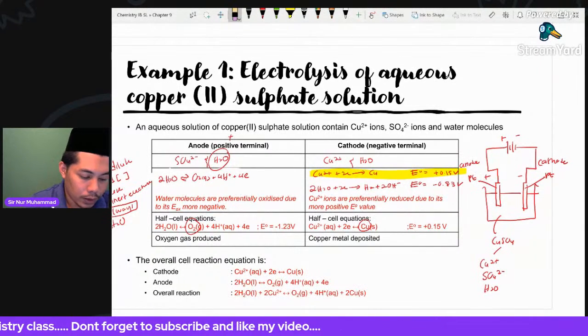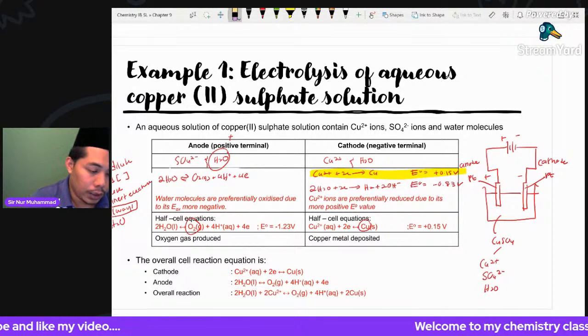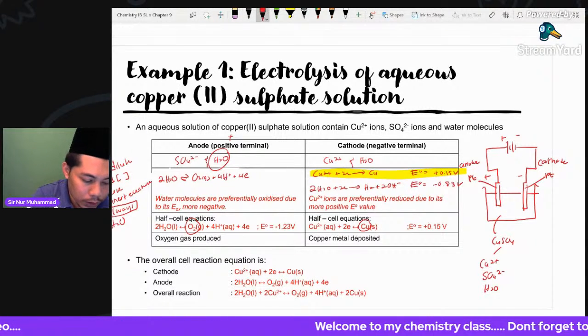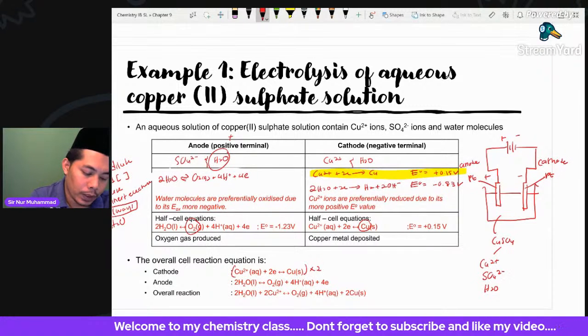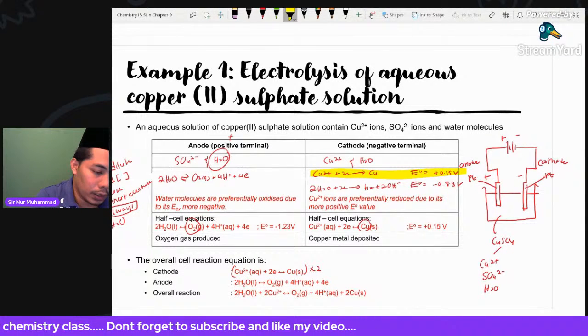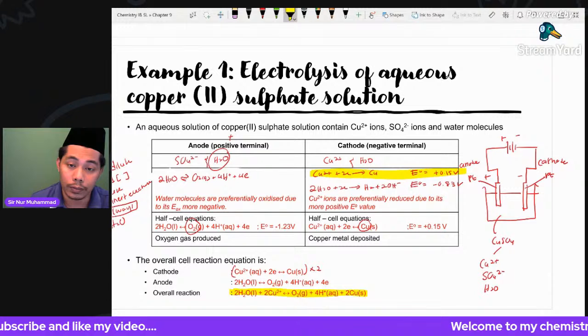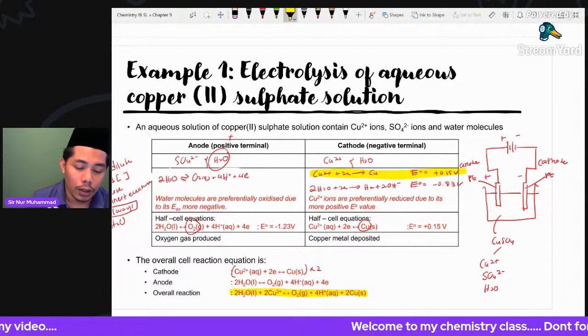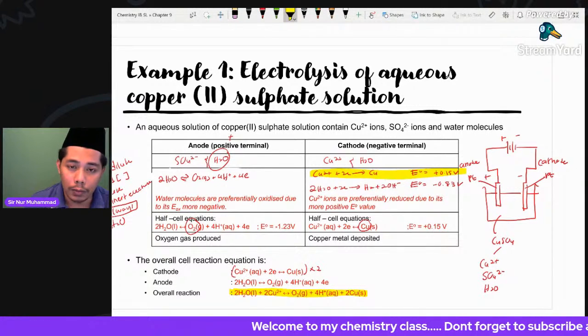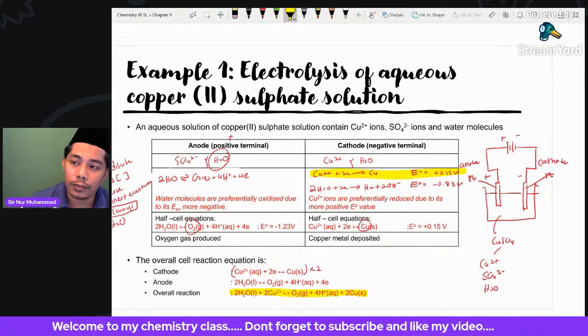Just write the half cell equations and make sure the number of electrons is equal, this one times by 2, and then sum both equations to find the overall reaction. Okay, so that's all for my explanation about the electrolysis of aqueous solution.